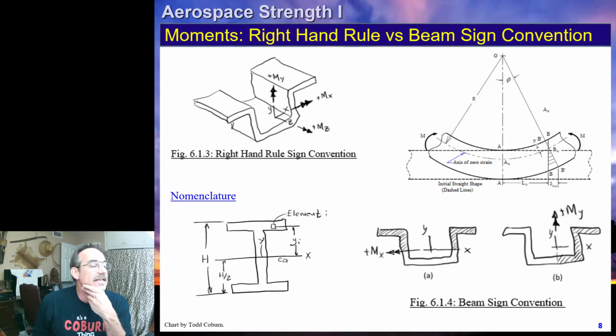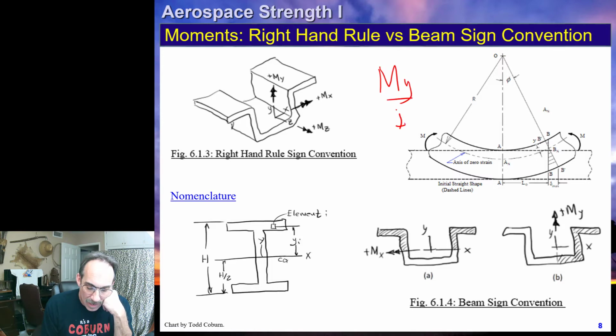So if we deal with this, just to drive this idea home, remember when we use that formula in the manner we've shown it, My over I or Mc over I, what we're saying is it's the moment on the total section, it is the I about the same x-axis, and we also have the y position of the point, where y is defined as positive from the neutral axis.